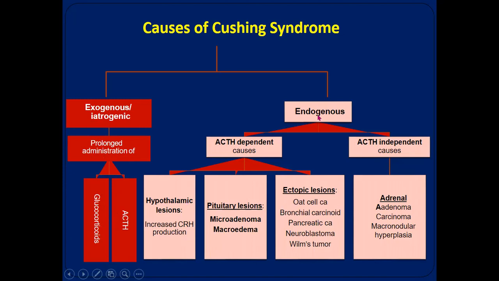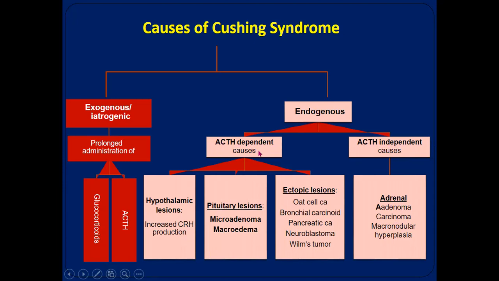Now, endogenous causes are divided broadly into either ACTH dependent or ACTH independent. ACTH independent means the cortisol level is increased and ACTH is not high. That we will discuss in further slides.